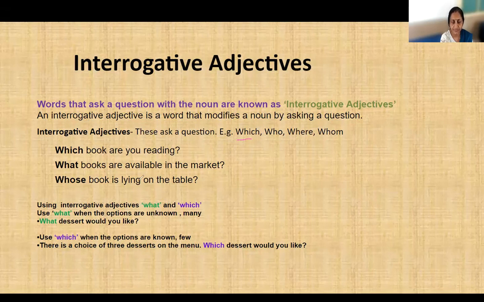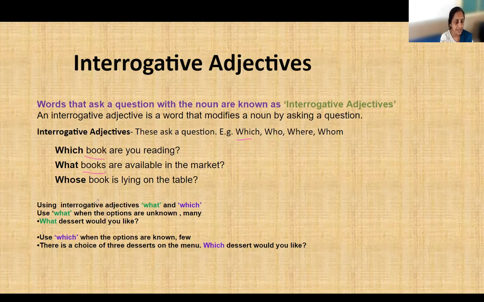So these are the different interrogative adjectives that you normally use. You can say, which book are you reading? What books are available in the market? Whose book is lying on the table? So all these adjectives are describing the noun book.